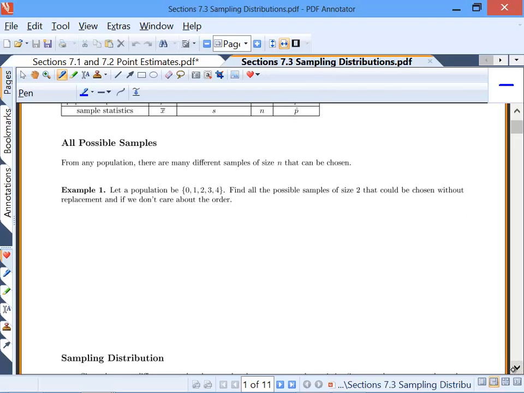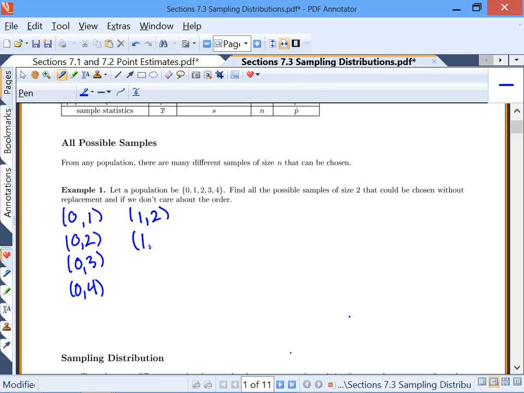So what are my samples? I could choose 0 and 1. I could choose 0, 2, 0, 3, 0, 4. What's my next sample that I could choose? 1, 2, 1, 3, 1, 4.